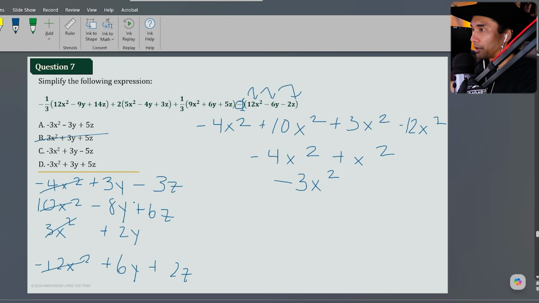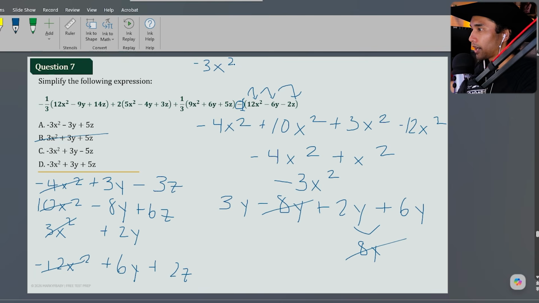And now I'm going to deal with the y terms. And I have 3y minus 8y plus 2y plus 6y. Well, what I see here is this equals 8y, and then combine that with negative 8y, they cancel out, and that leaves me with 3y. So I'm just going to write this right here like this, negative 3x squared plus 3y. And then I go to my answer choices, and we can eliminate a.